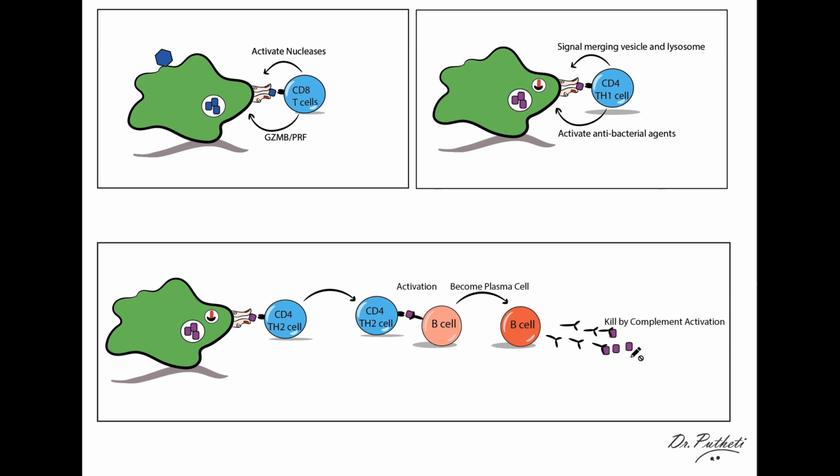This is how CD4 TH2 and B cells get involved in the clearance of a pathogen from our immune system. And this whole art was done by me, so that's why you see my signature here.